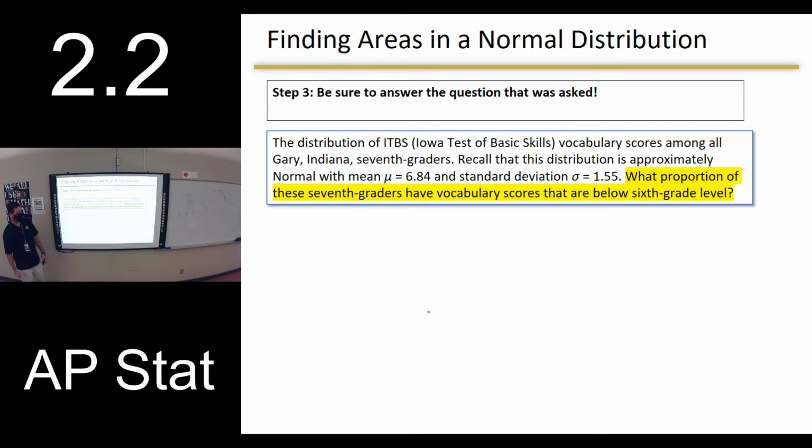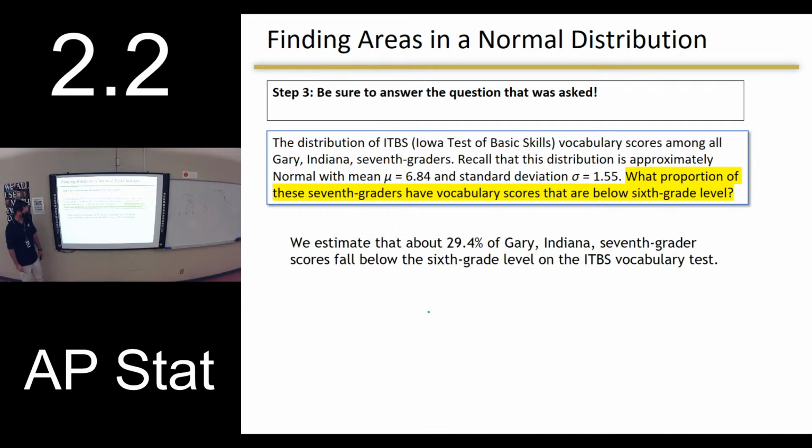About 29% of the 7th graders in Gary, Indiana scored below 6th grade reading level. We estimate that about 29.4% of Gary, Indiana 7th grader scores fall below the 6th grade level. That's pretty good.